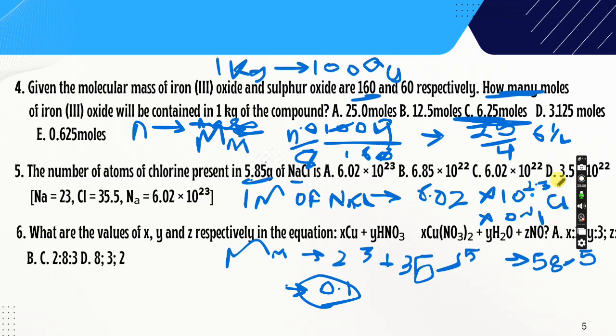And if you multiply it using standard form, 0.1 is going to reduce this particular 23 by 1, bringing it back to 22. And your answer will be 6.02 times 10 raised to the power 22.